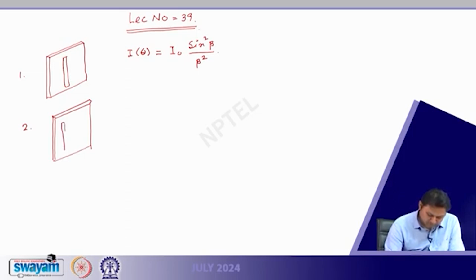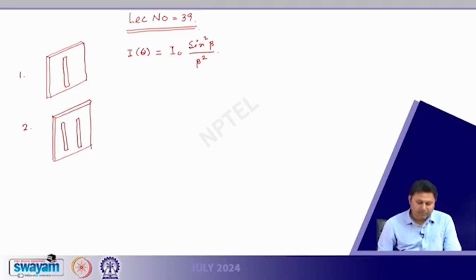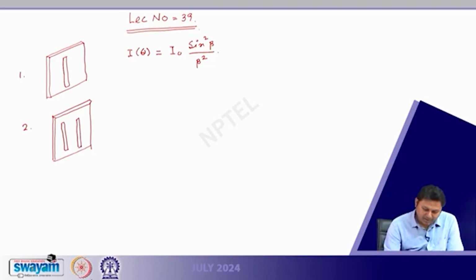Instead of having one window, now we have two windows placed side by side. So, this is the double slit, and for this we had the expression of intensity at some point on the screen, which is this.